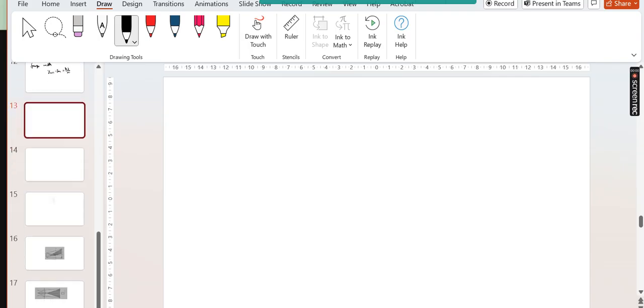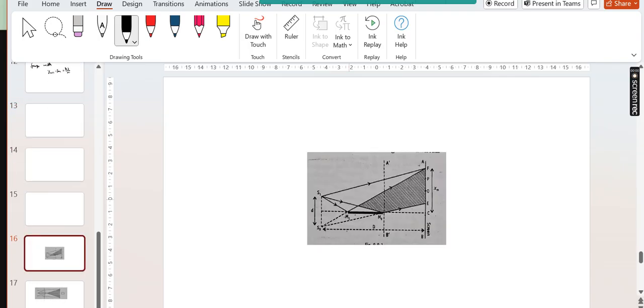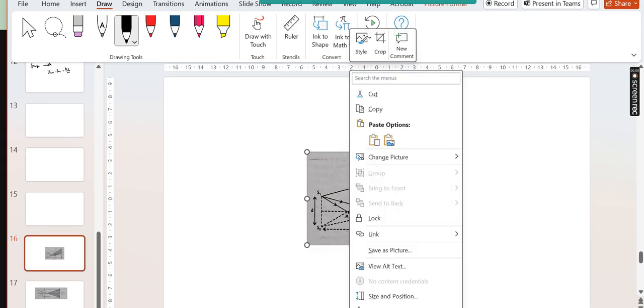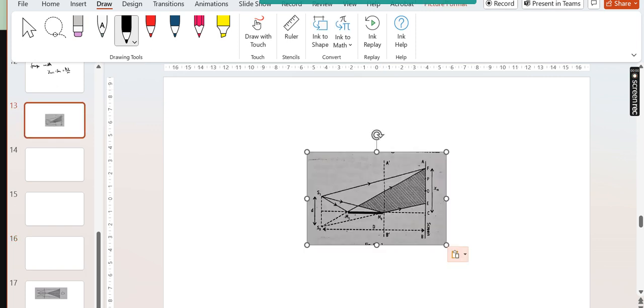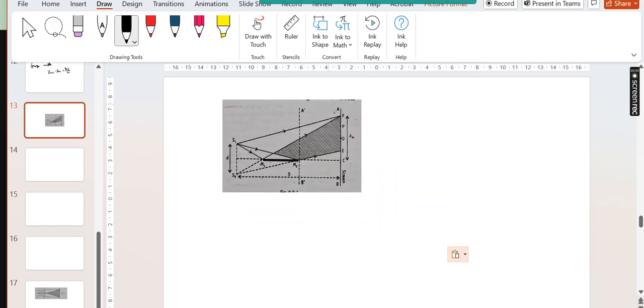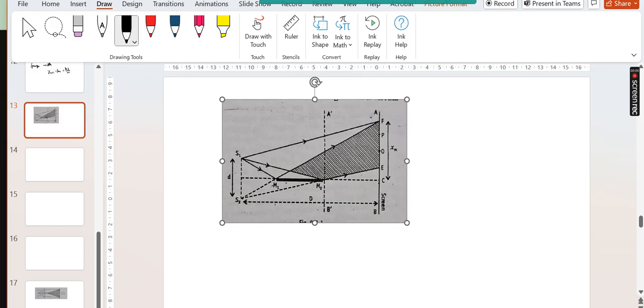Then we see Lloyd's mirror here. So M1 and M2 is the mirror.